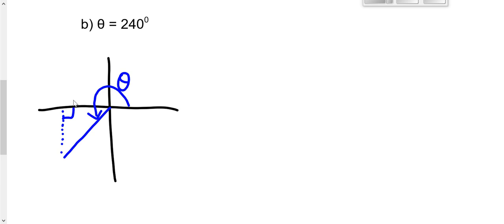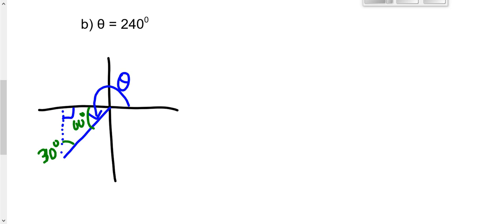So in this case, your reference angle is 60 degrees. And if this is 60, we need 30 degrees here, so that I have 90, 60, 30, which add up to 180. So this is 30 degrees.